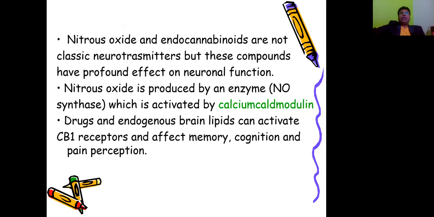Now, coming to nitric oxide and endocannabinoids. These are not classical neurotransmitters, but these compounds have a profound effect on neuronal function. Nitric oxide is produced by an enzyme, nitric oxide synthase, which is activated by the calcium calmodulin complex.